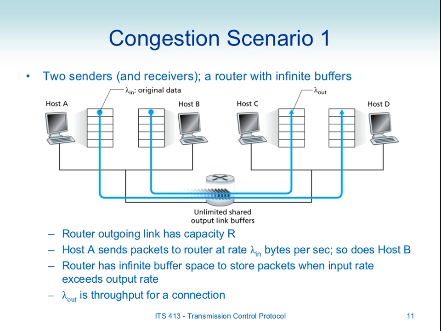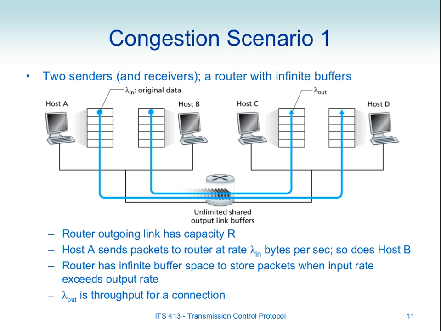If the router has an infinite buffer space, that is, there's no limit in the amount of memory that it has, then as packets come in, if the input rate approaches R, the output rate, packets will start to be buffered, and as the input rate increases, the time those packets are stored in the buffer will increase, because we can only send out at a fixed rate.